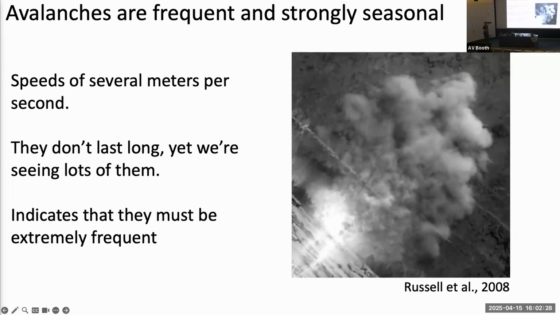You can just sit there for a couple of hours watching avalanche after avalanche come down these cliffs. But they are exceptionally frequent, and we will get a formal estimate of that frequency later on. Just intuitively, you can tell by the speed they're moving at and the number that we see that they must be very, very frequent.